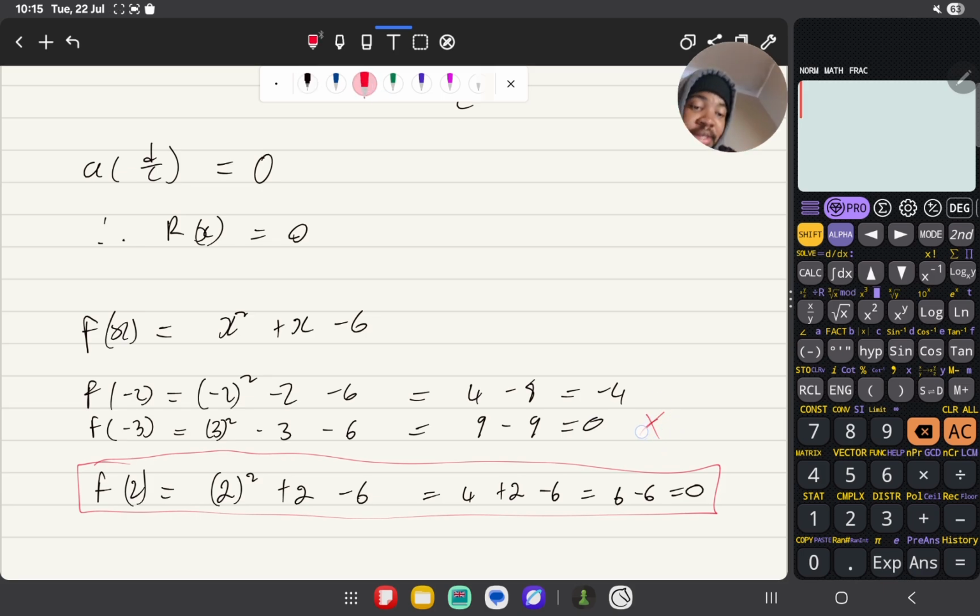So again, this must give us a factor somehow. And because it's a trinomial, but the highest degree is 2, that means you need two factors, right?